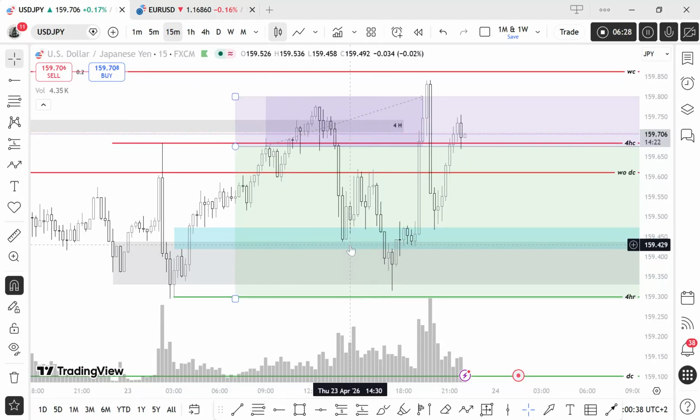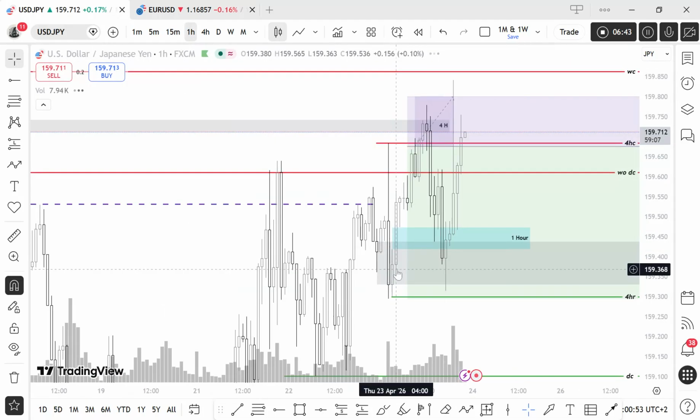But I wanted to put a price alarm right below this low, to pay attention to what is going to happen when the 1 hour low gets broken, this low.